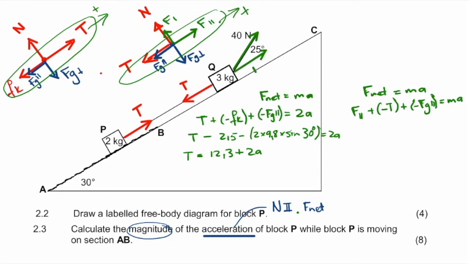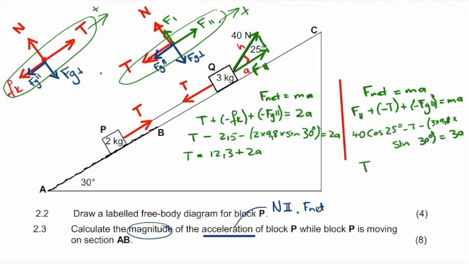We want that parallel component, and in that diagram, this is the adjacent to that angle, and this is the hypotenuse, and therefore we're going to work with cos. And then we rewrite to get T, and that is equal to 21,55 minus 3a.